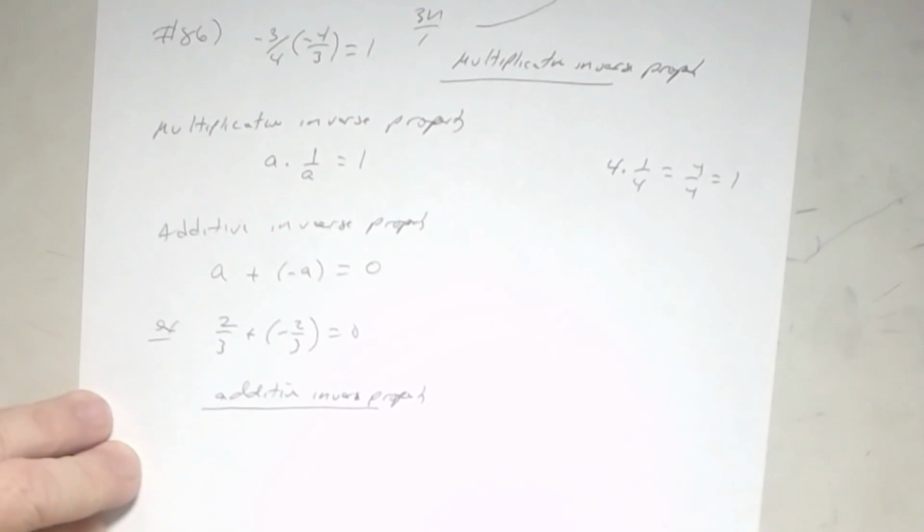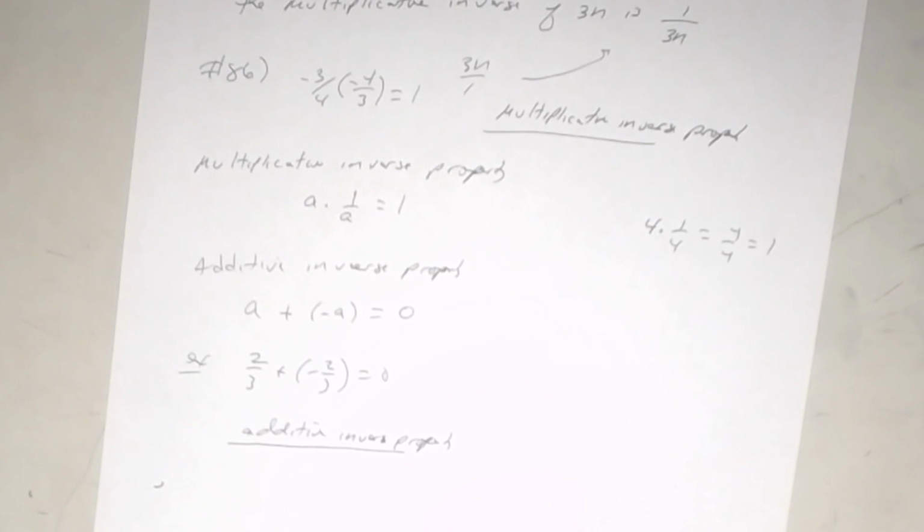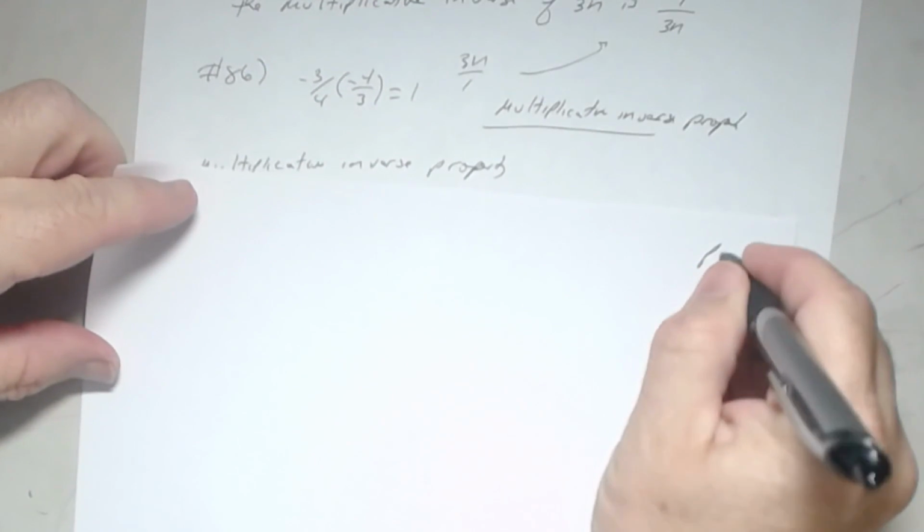Then we looked at this. Okay, write this example. We had this. All right, so tell me what property applies here. It's not an additive or multiplicative inverse. I don't think it's one of those.